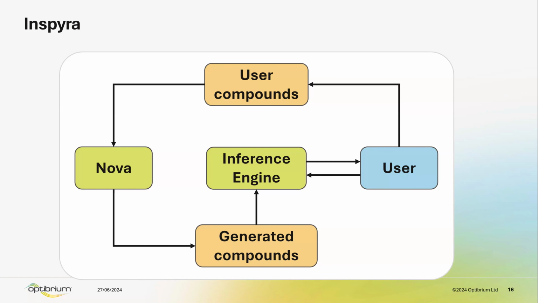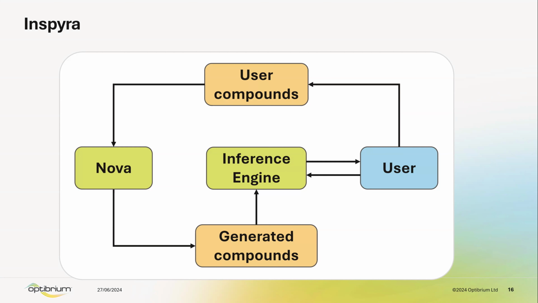They like or dislike those suggestions, and that is used to update the pool of user compounds, the compounds in your data set. Those compounds are used as the seed compounds for the next generation of compounds by transformation libraries like Nova, and the compounds generated from that are then sent back into the inference engine to find the best compounds to show to the user, or the compounds that it believes the user is most likely to want to add to their data set.